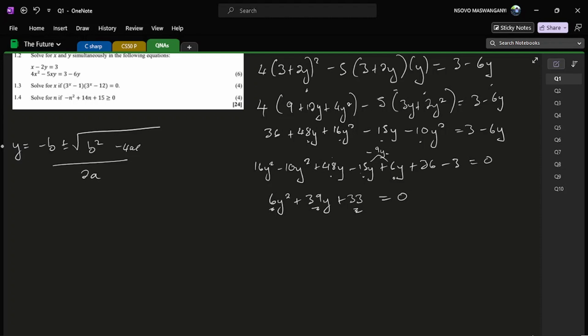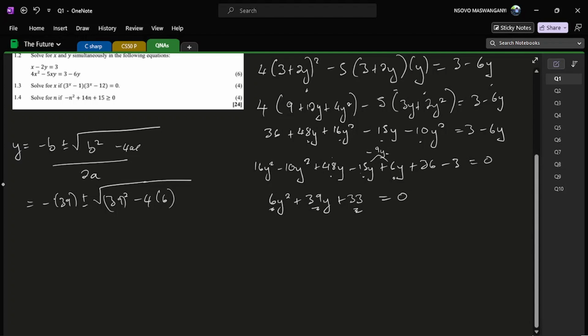So I'm going to place my b. My b is positive 39. So in this case we have negative 39 plus minus the root of 39 squared minus 4 times 6, because that's my A, and then 33, which is my C. I hope this does not give us math error because I think this is too big, but 39 squared is also huge.